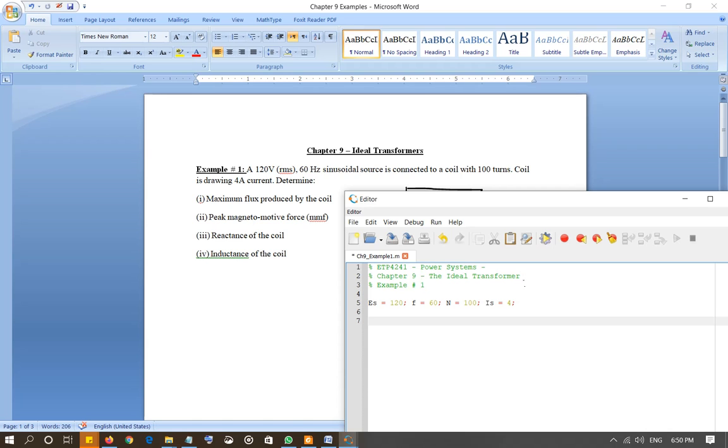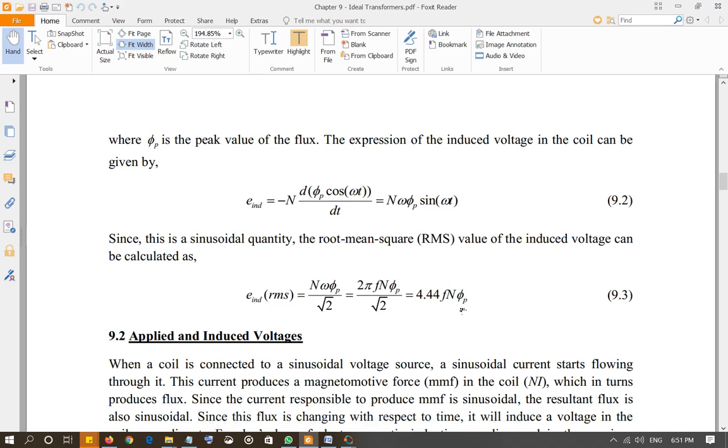Now to find the maximum flux produced by the coil, if we go back to our lecture, we calculated that the induced voltage, if the flux is sinusoid, using Faraday's law of electromagnetic induction, can be given by N omega phi p, where phi p of course is the peak or maximum flux.